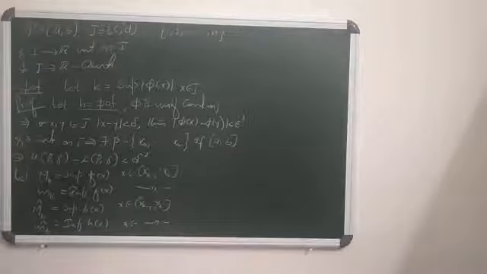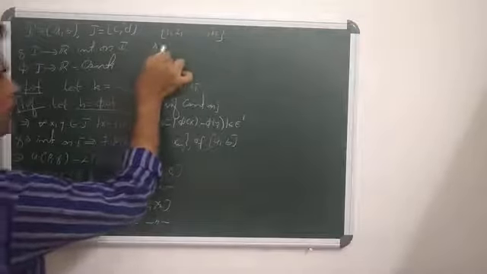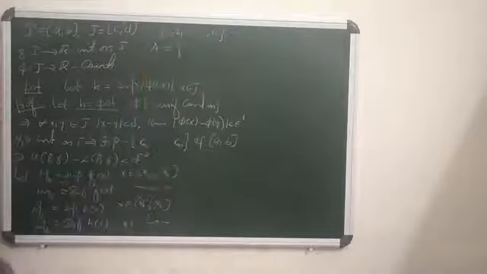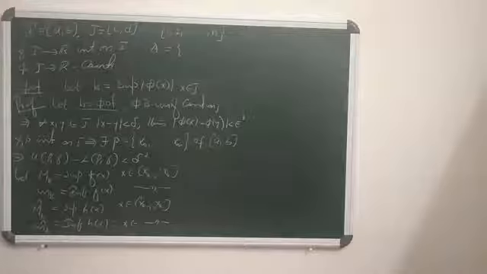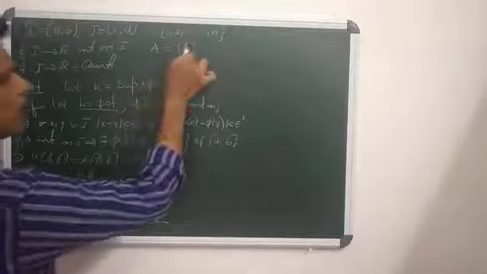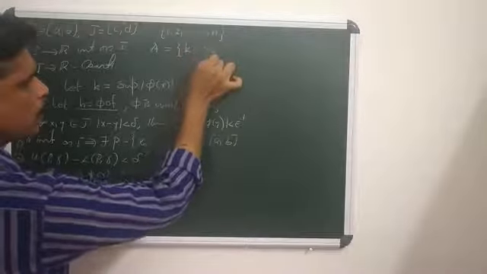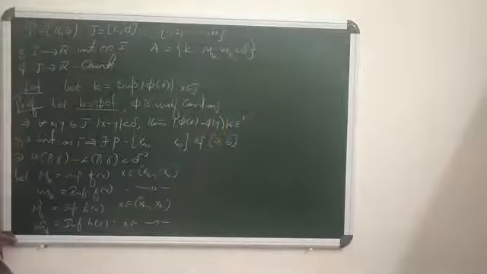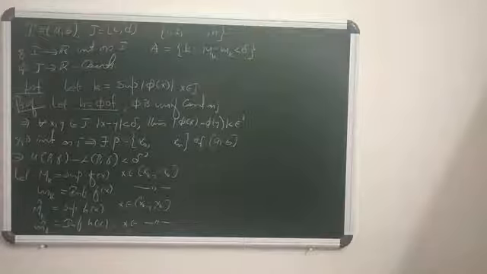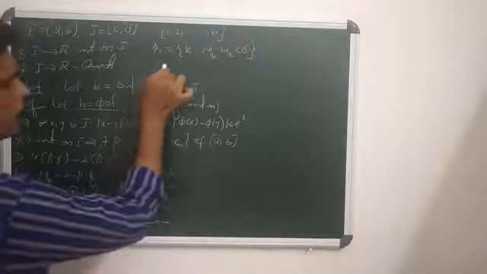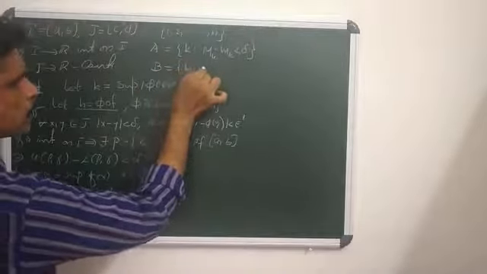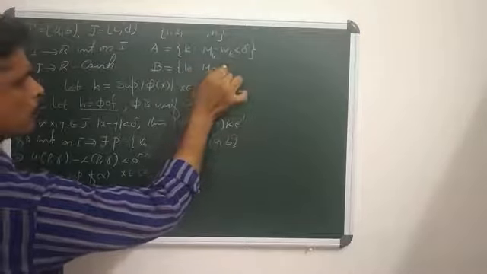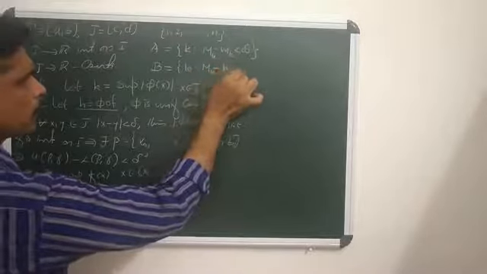So you divide this set 1, 2, 3, up to n into two subsets. Divide it in such a way that A equals the set of all k with capital M_k minus small m_k strictly less than delta, and B equals the set of all k such that capital M_k minus small m_k is greater than or equal to delta.